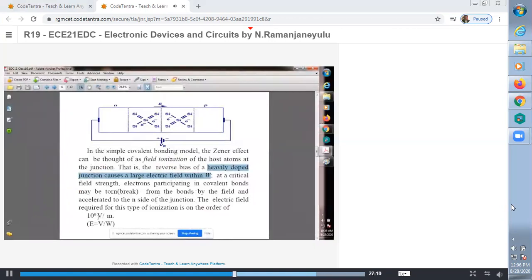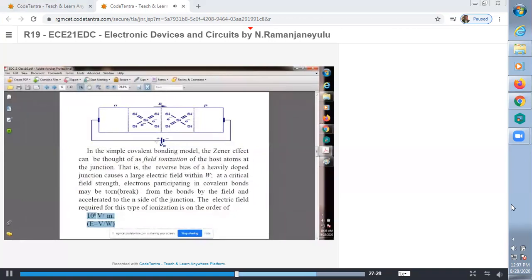Once this type of high electric field is created, a large number of electrons may break the covalent bonds and then cross the junction. That is simply the Zener effect. What is the condition here?